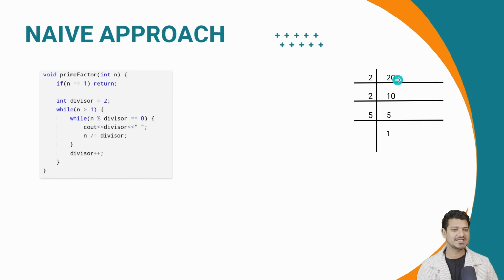For example, 20 is divisible by 2, so I'll print 2 and then divide 20 by 2. So I'll get 10. Again, I'll check whether 10 is divisible by 2 or not. Same story goes on. And for the next iteration, we increment the divisor. So it's a simple algorithm to get the prime factorization. The thing is that its time complexity is linear. It takes big O of n time in the worst case.